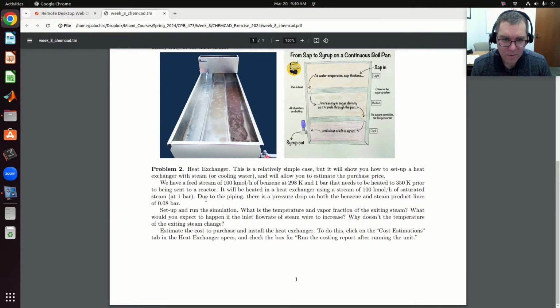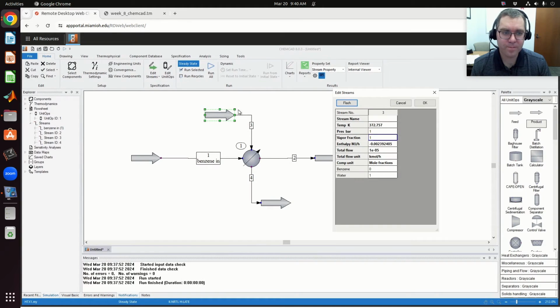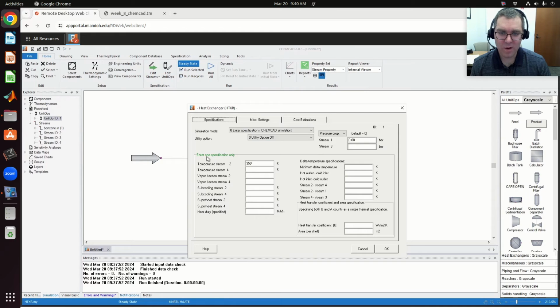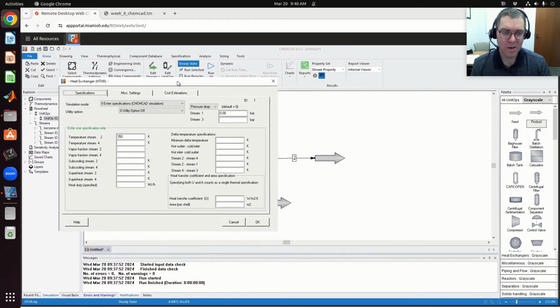And are we given the flow rate? So 100 kilomoles per hour of saturated steam. Okay, cool. Now if I go back to my specifications, we still just have one specification, and we're still just going to specify the exit temperature of stream 2.